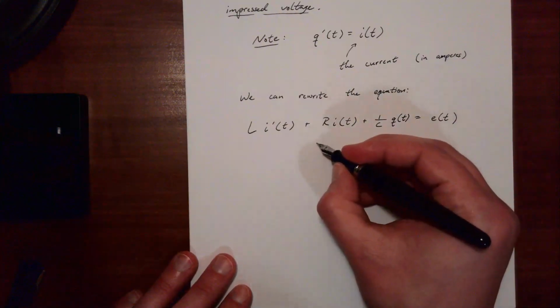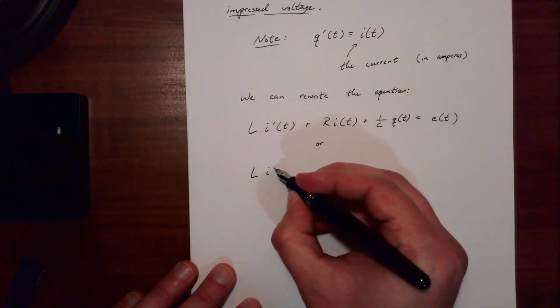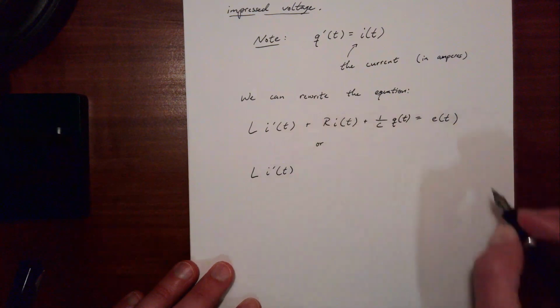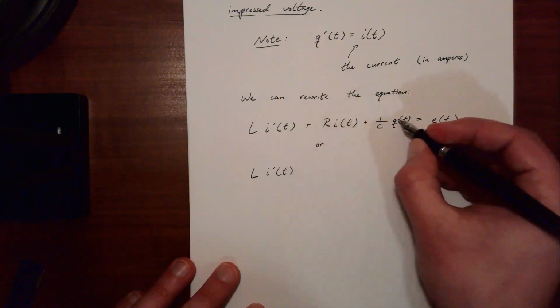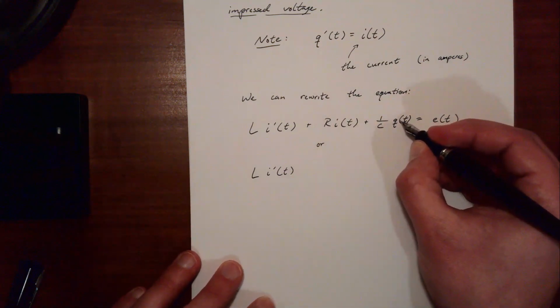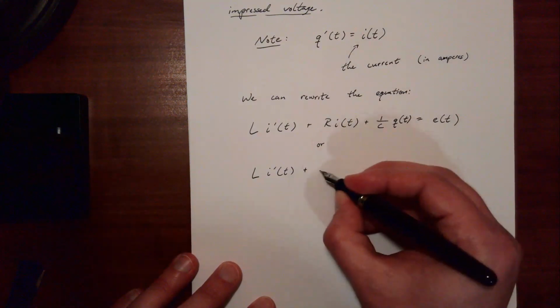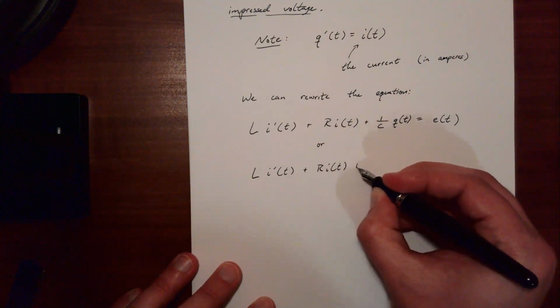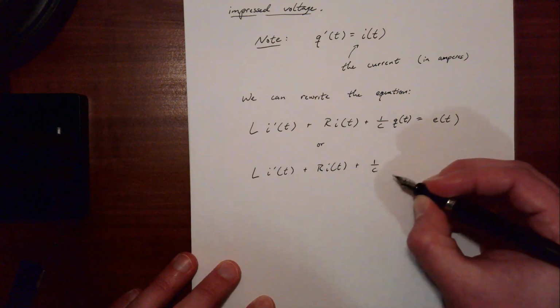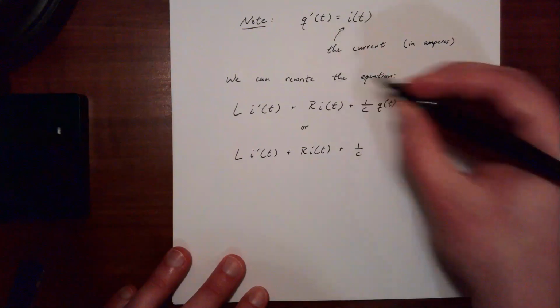Or this is often also written as this. Actually, I guess this is the antiderivative is really what it is. Sorry, this is the antiderivative of the current. Or this can also be written in this format, where we've now replaced this Q of t, which is different from the I of t.